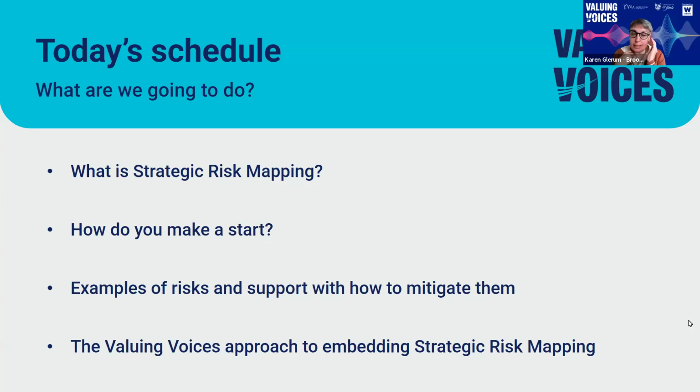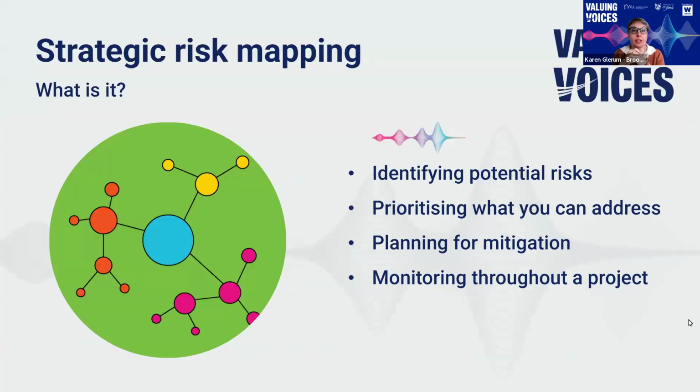So first of all, what's our definition? Within the Valuing Voices context, we have identified strategic risk mapping as identifying potential risks to your project, prioritizing what you can address, because of course you don't have control over all the risks that are out there, but you may find ways to address them.